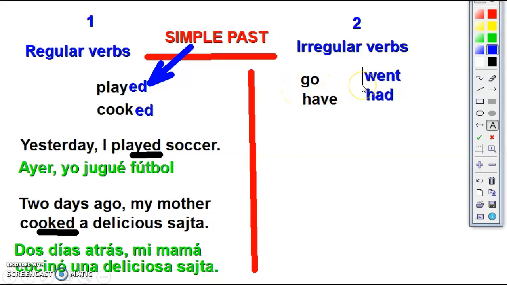In the past, went. In the present, have. In the past, had. This changes totally. En este caso, los irregular verbs cambian totalmente su forma cuando se vuelven al pasado.